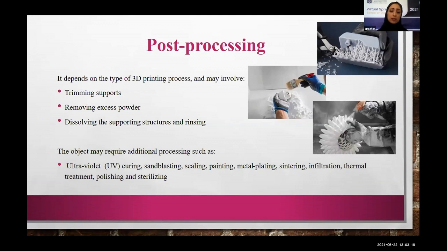Rinsing is often done with 90% isopropyl alcohol, which is used to remove the excess monomer, which is toxic and must be removed. The object may require additional post-processing, such as UV curing, sandblasting, metal plating, sintering, painting, infiltration, thermal treatment, polishing, finishing, and sterilizing.